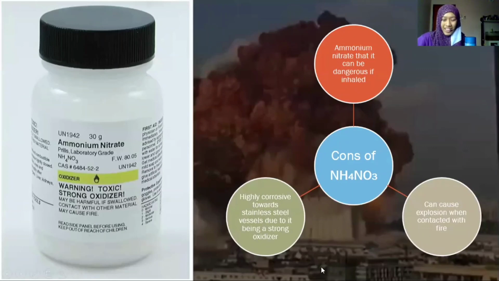It's also highly corrosive toward steel for the same reason, because it causes rust in steel, and that will cause strong corrosion. So as long as you keep it away from any source of heat, you'll be fine.